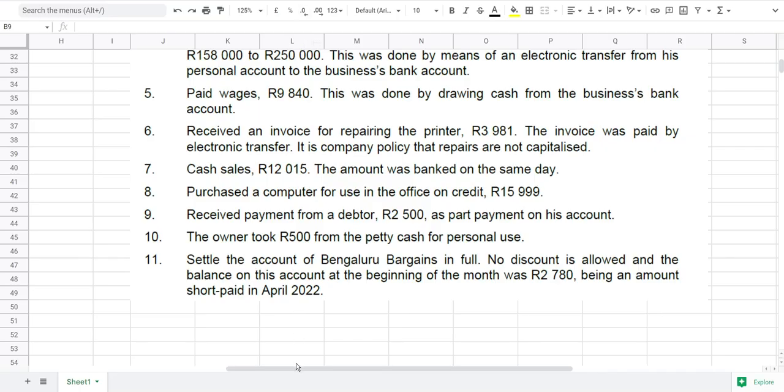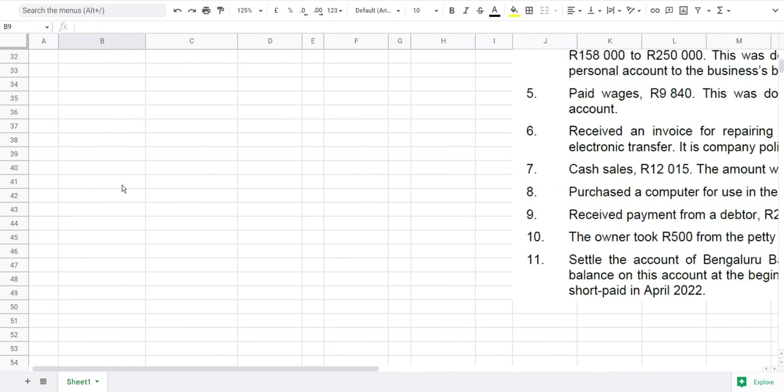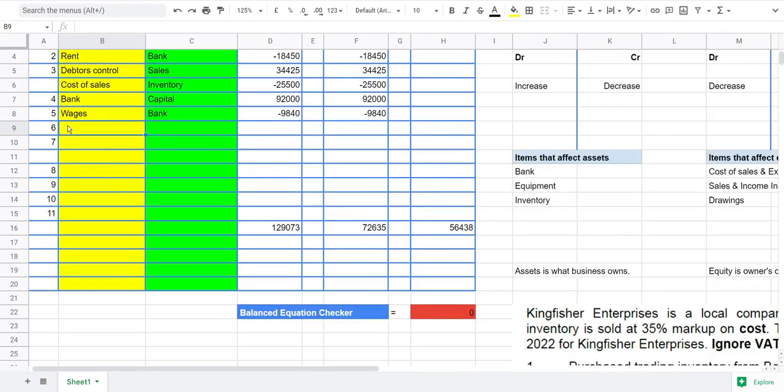All right, you go into debit the repair, which is an expense. So it means it is decreasing. And then also the bank is going to be credited, so it's going to decrease.